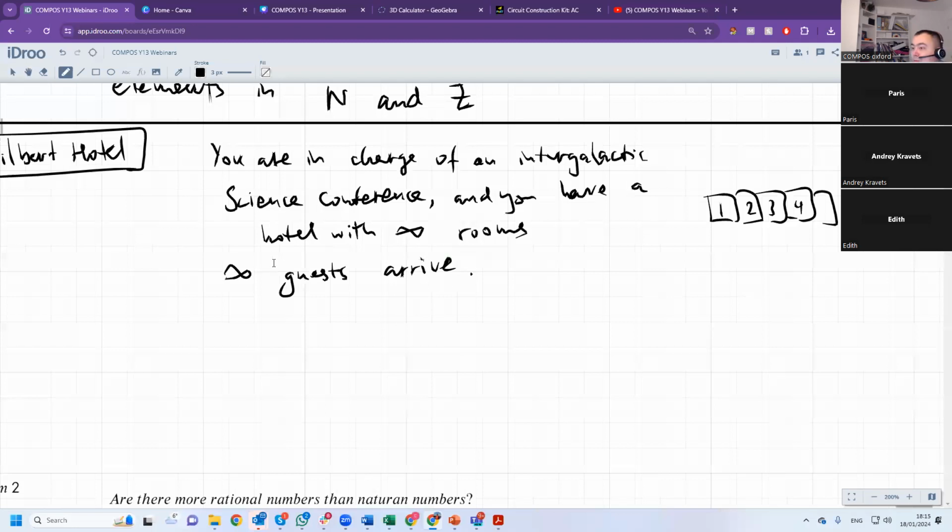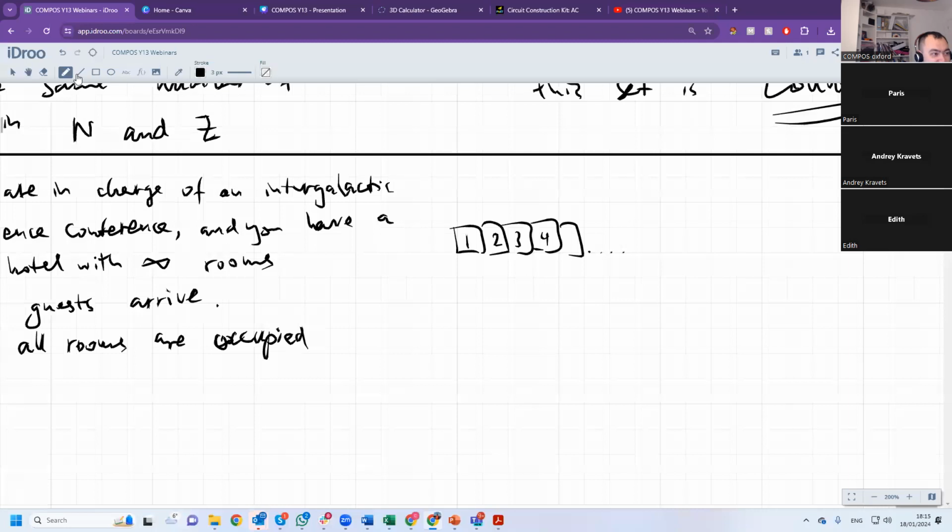So all rooms are occupied. Okay, so you have person 1 living in room 1, person 2 living in room 2, person 3 living in room 3. All the rooms are occupied.